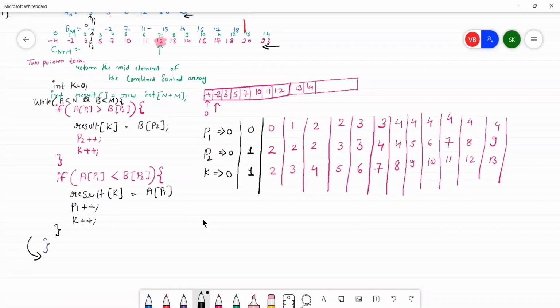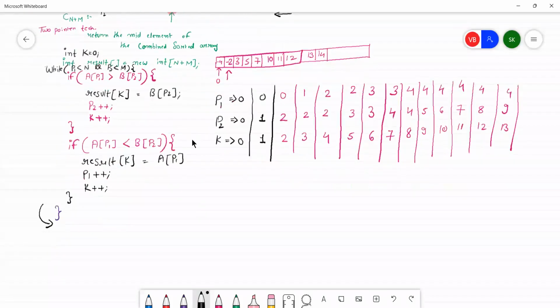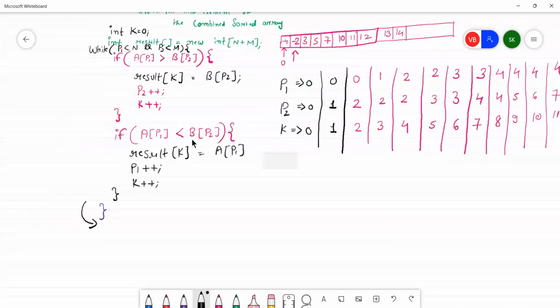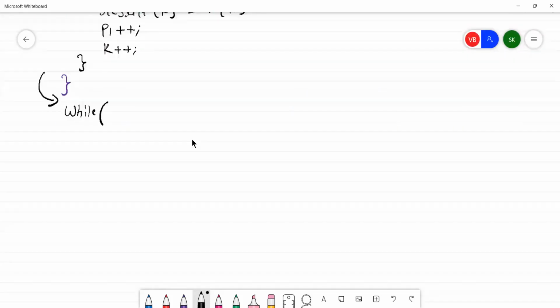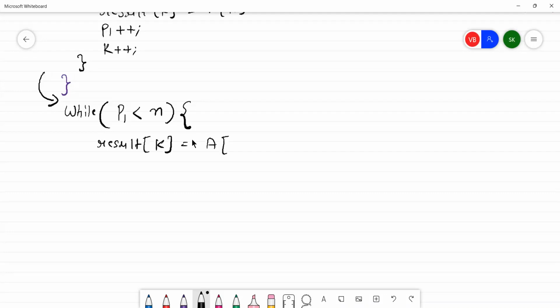So for that additional case, we need to write here while in case P1 has still not reached N, we can write here while P1 is less than N. Until then, you can just keep assigning the values, result of K equals array of P1. Then you can increase your P1++ and then K++. Clear? Same thing can happen with your other array as well. So you can write the condition for that as well.